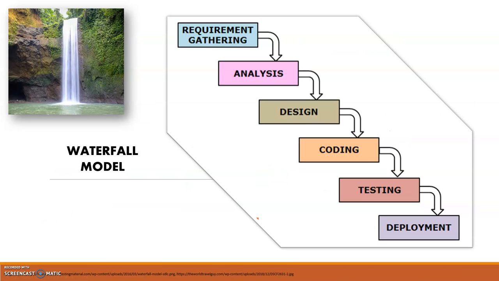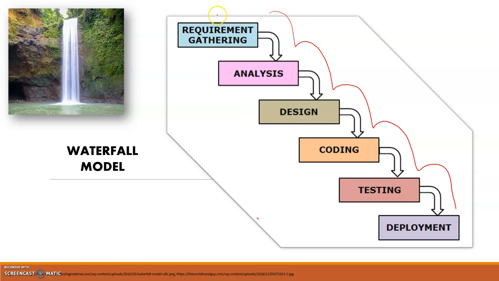So here we have a waterfall model. As the name suggests, it is very similar to a waterfall, right? What happens if a company is following this type of model? They complete each and every phase first, and then they go to the next phase.